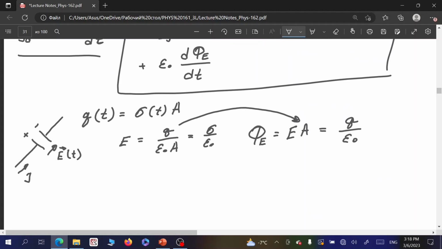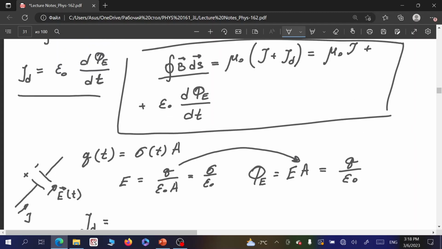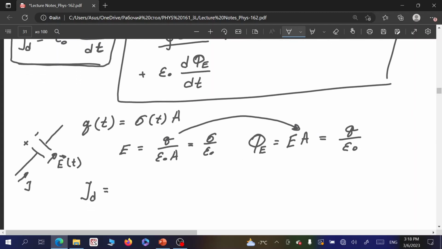Now, if we consider the expression for displacement current, by definition, that's this equation. So it will be epsilon naught times dΦe over dt. So what will it be?